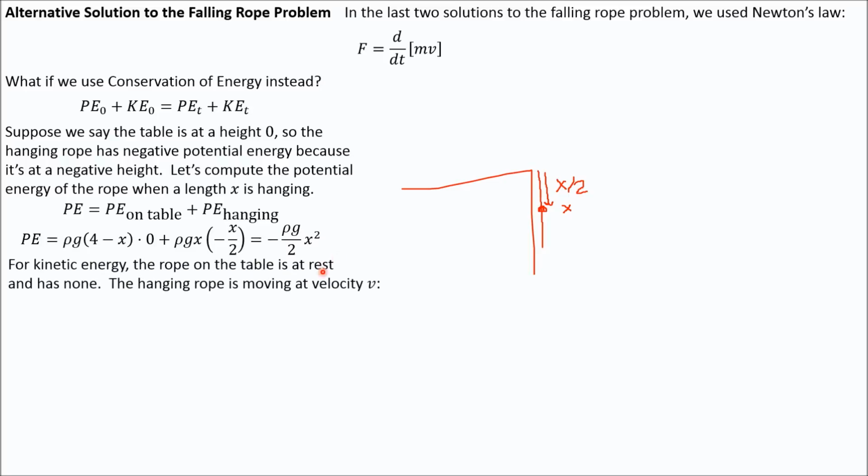For kinetic energy, the rope on the table is at rest, so it doesn't have any kinetic energy either. But the rope that is hanging off the table is falling at velocity v. And so the kinetic energy is, well, the rope on the table has 0, and the rope that is hanging has kinetic energy equal to 1/2 times the mass times the velocity squared.